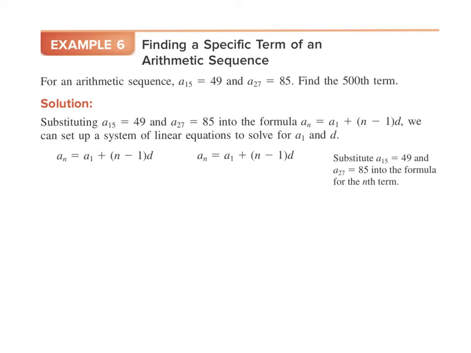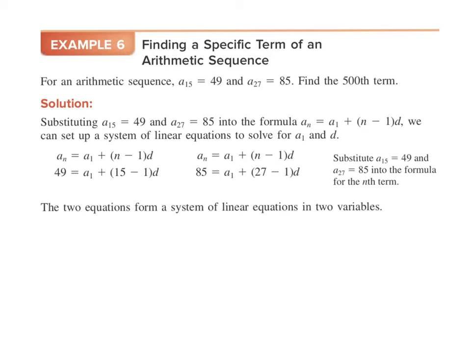We're just substituting in. Here's what I have. For this first one, a sub 15 is 49, so that means n is 15. For the second one, n is 27, and a sub 27 is 85. Here's my system. Let's write this out a little bit more first, and then I'll have you solve it.